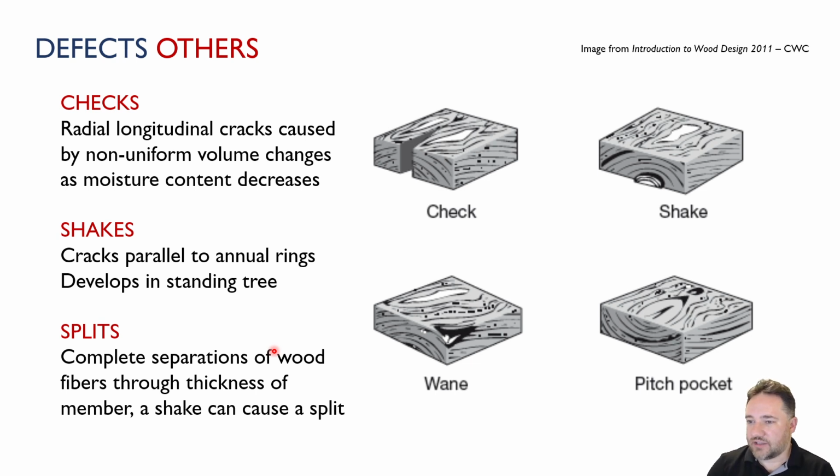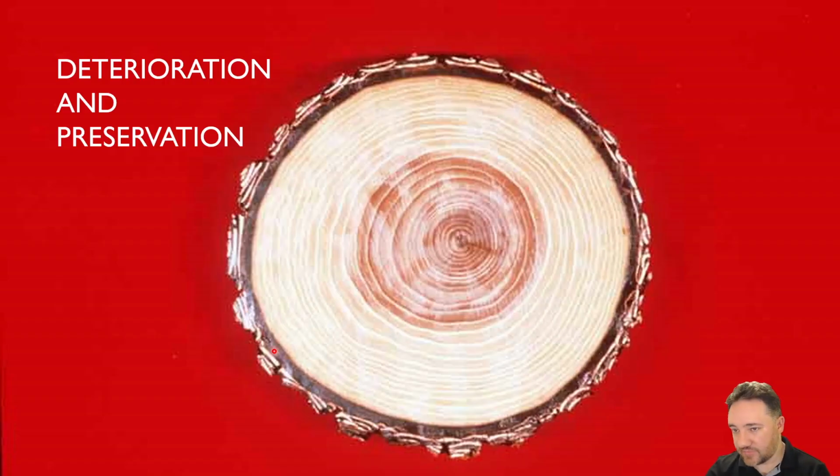Shakes are cracks along the tree rings, which, as it says there, is a defect that is inherent in the wood coming from growing. And we can get other kinds of splits just from the drying process, or we could get wanes from even just handling of the wood, or it being not a perfect piece of the tree.